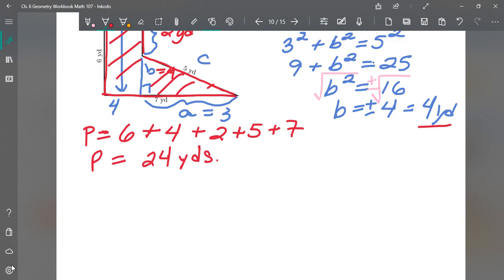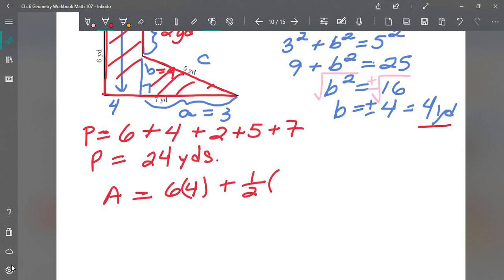So we're going to have 6 by 4, length times width, plus half base times height for the triangle.